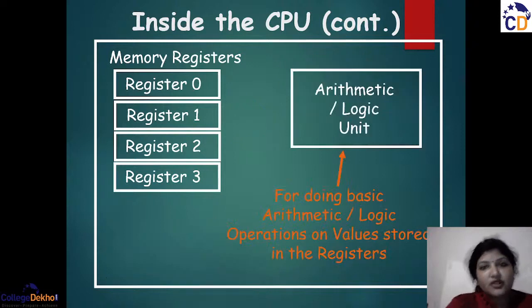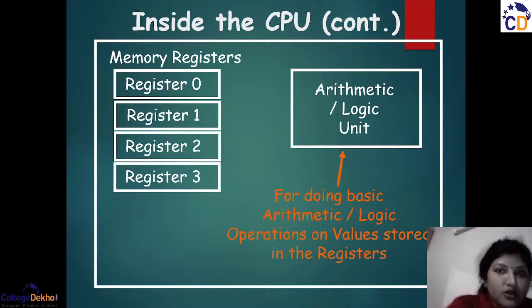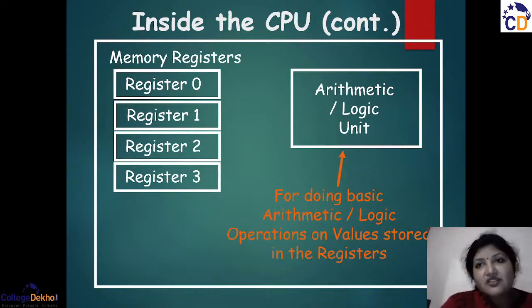Let us move to the next point. The arithmetic logic unit is for doing basic arithmetic and logic operations on values stored in the registers. Whenever we talk about the CPU, it has three main components. What are those? Arithmetic logic unit, control unit and memory unit.